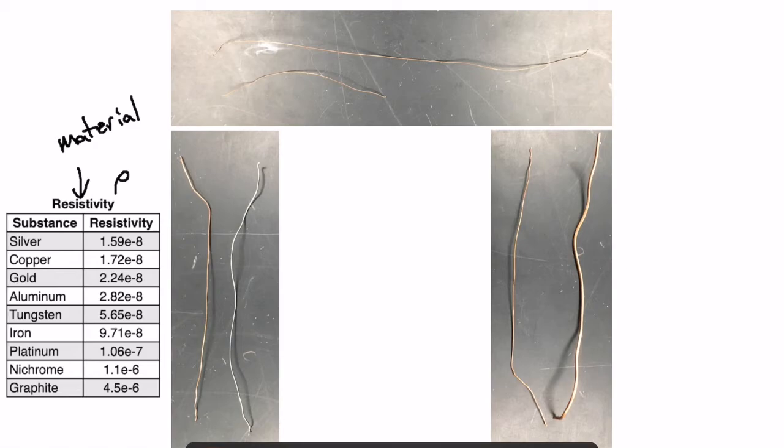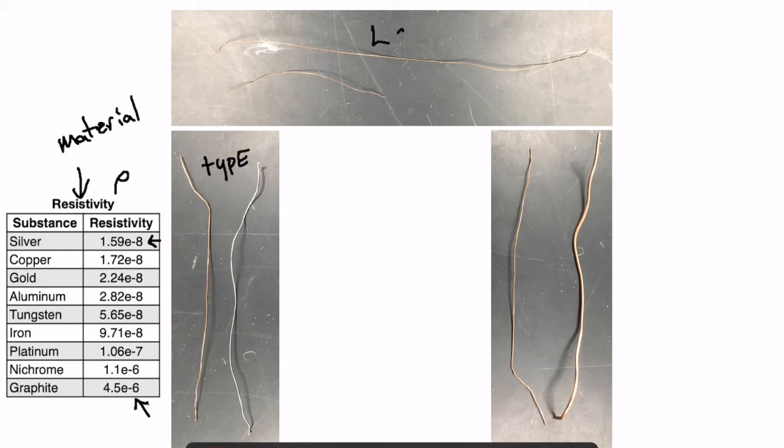You could see on your reference sheet the rho values of different things. You could see silver has the lowest. The lowest resistivity means it's going to be the best conductor. Graphite, you'll see, has the highest number. That's going to be the worst conductor from the things on this list. So we have type of material is one factor.